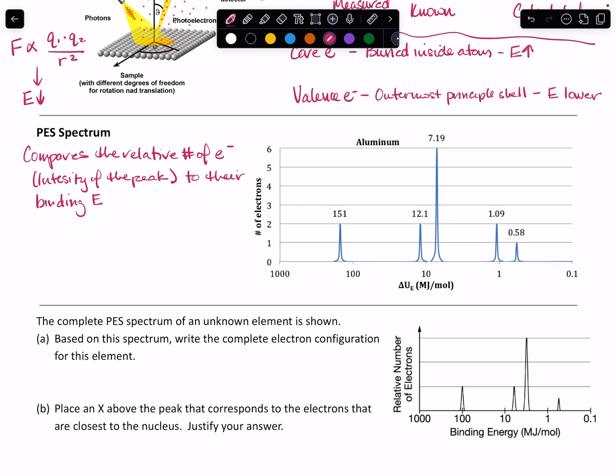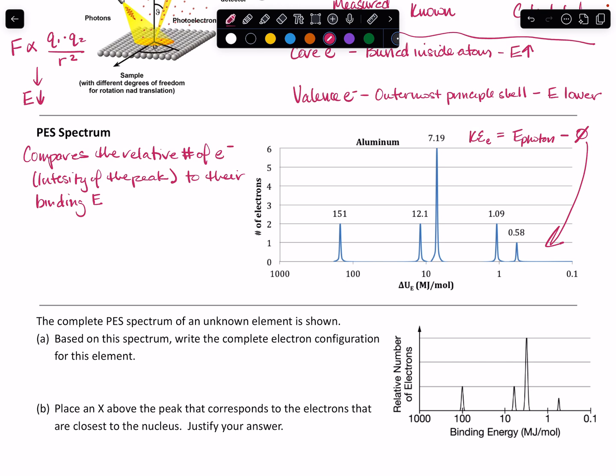And again, remember, the kinetic energy of that electron is equal to the energy of your photon minus that binding energy. So this is the energy values that we see down below.